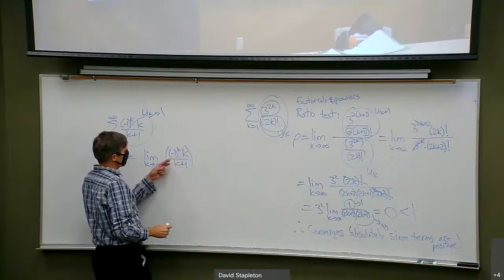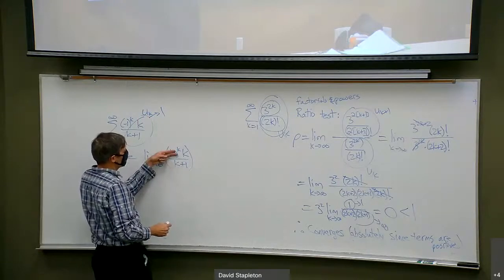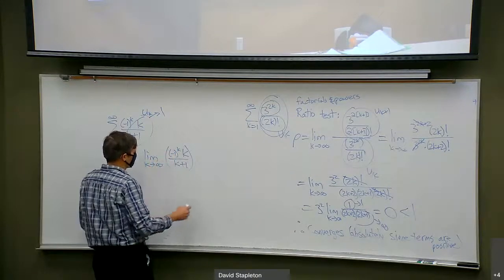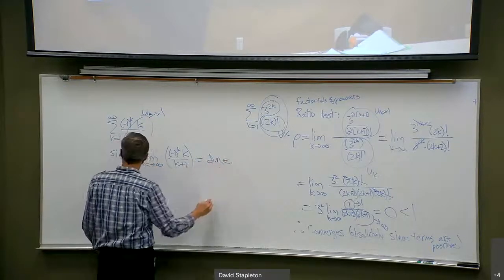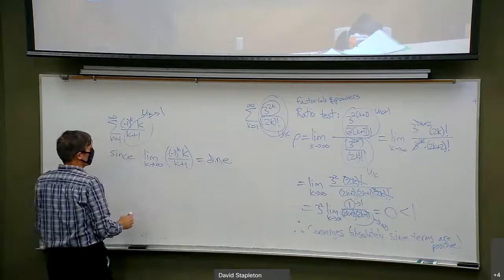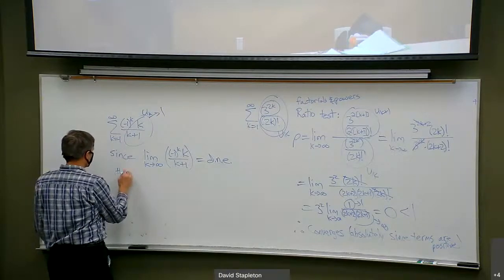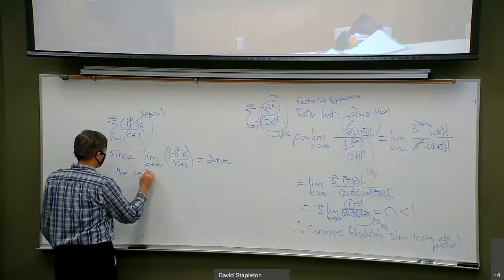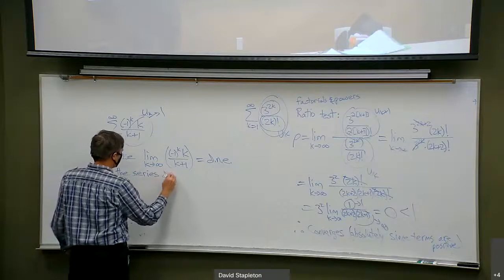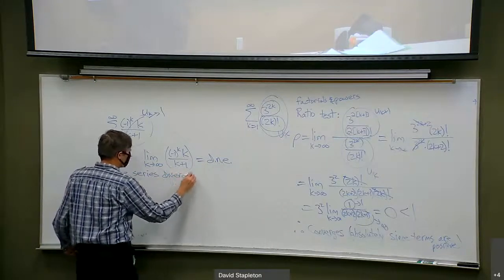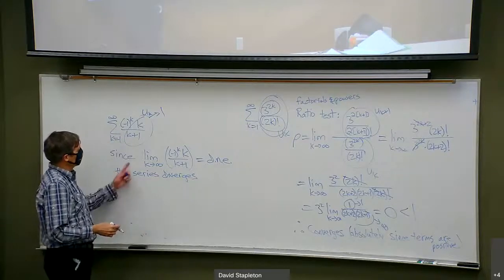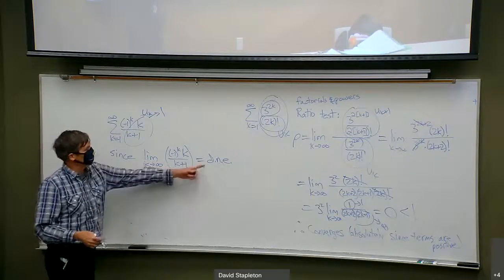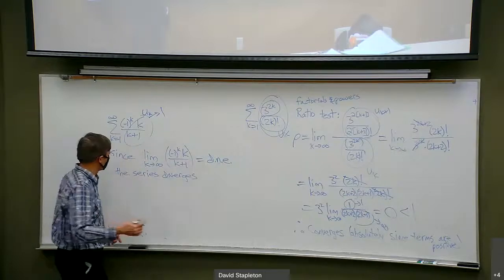Well, k over k plus 1, the limit would be 1, and with times (-1)^k, it just doesn't exist. The series diverges by the divergence test. The divergence test says if a series converges, then the limit of the kth term is zero. The limit of the kth term isn't zero, so it doesn't converge.